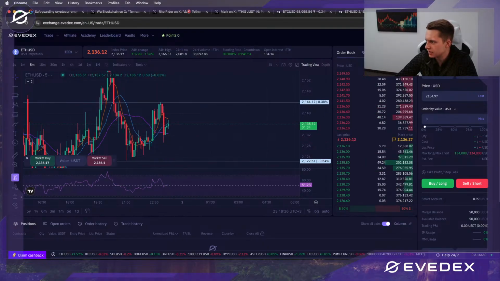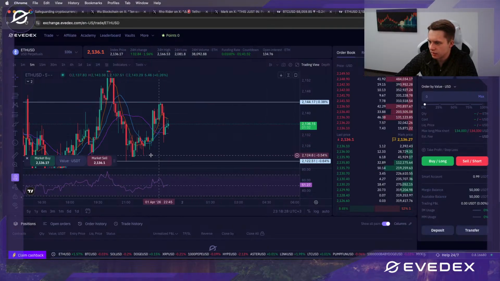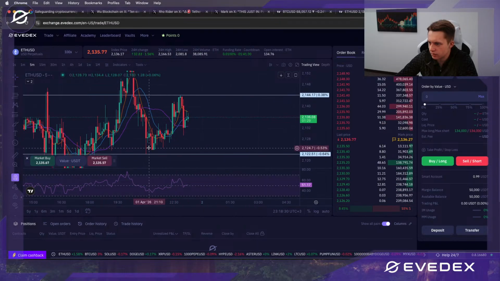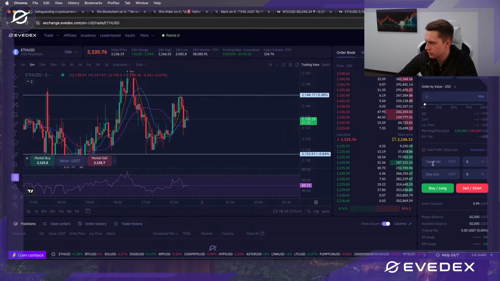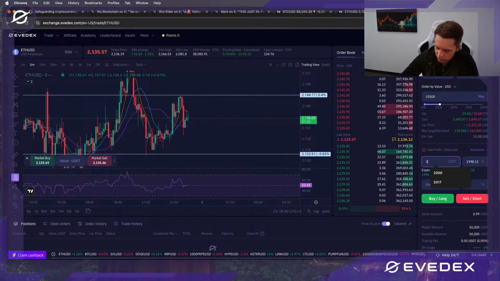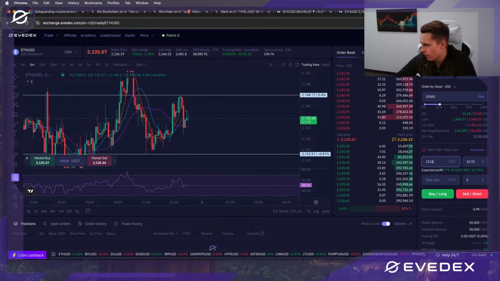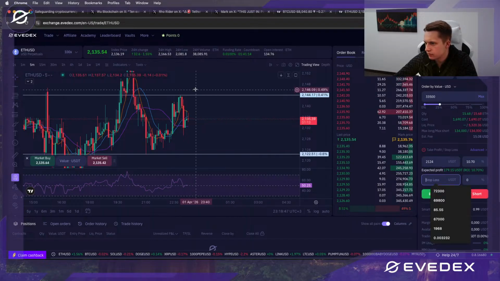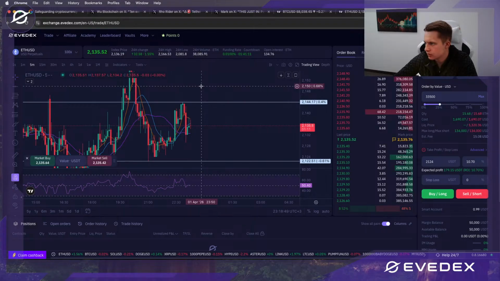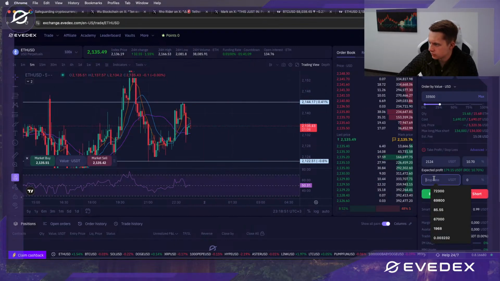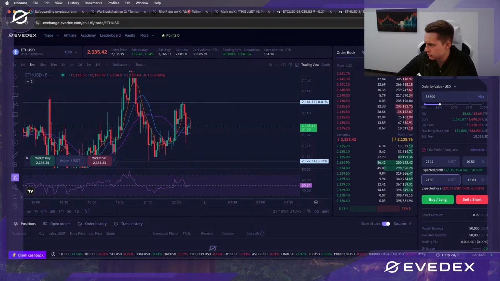So if we were to enter into the market, for example, we have a take profit of around 2,124, so we'll go take profit 2,124 and a stop loss of 2,150. That would be a bit too much.